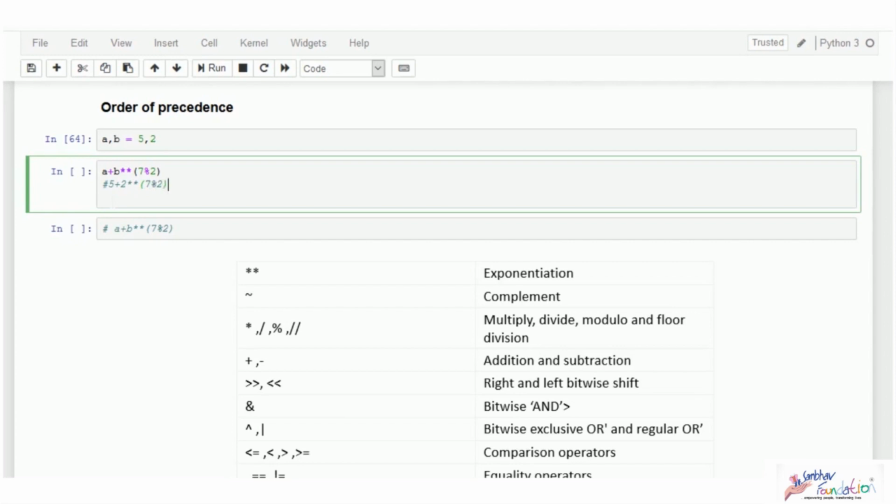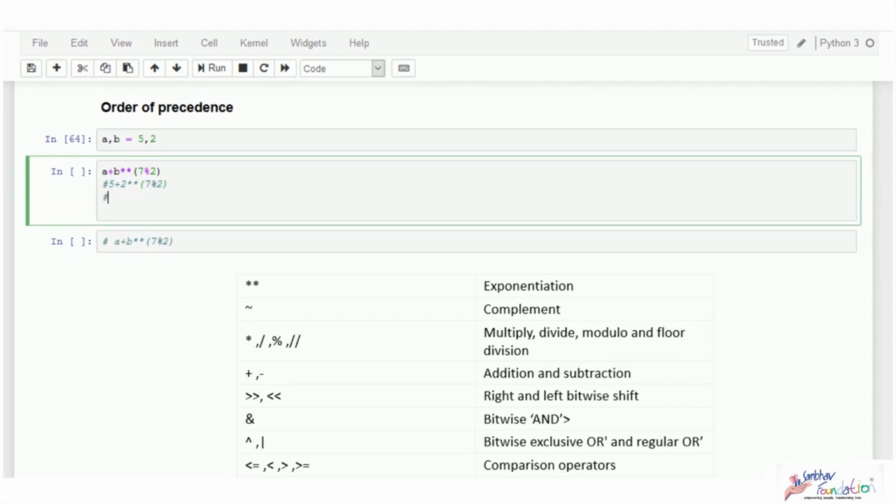First this gets evaluated. So 7 mod 2, which is 1, right? Modulo gives you the remainder when the first number is divided by the second number. When you divide 7 by 2, the remainder you get is 1. So this becomes 2 to the power 1, right? So this simplifies to this.